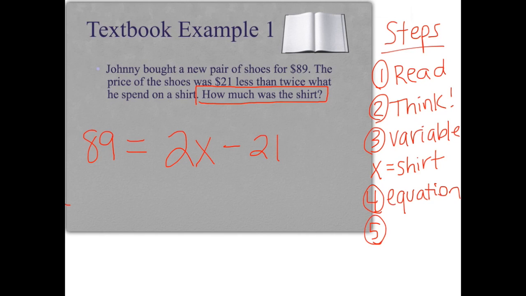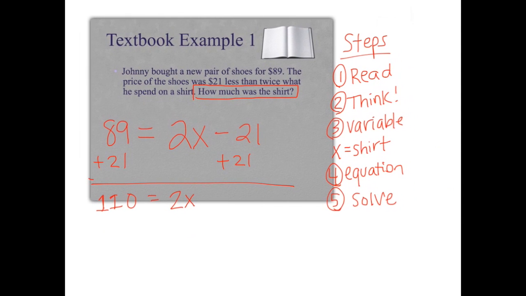Step 5 is to solve. So now we need to solve the equation. So, we need to undo addition and subtraction first. So I'm going to undo that subtraction. And I'm going to get 110, sorry guys, equals 2 times x.